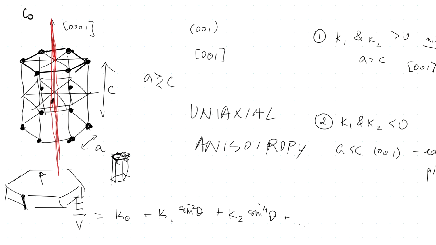Okay, so uniaxial anisotropy is playing a very important role. First of all, there can be more than one axis, but the description is pretty similar. We already discussed that in a material, it is typical that a ferromagnetic material can break into various domains with different magnetization.